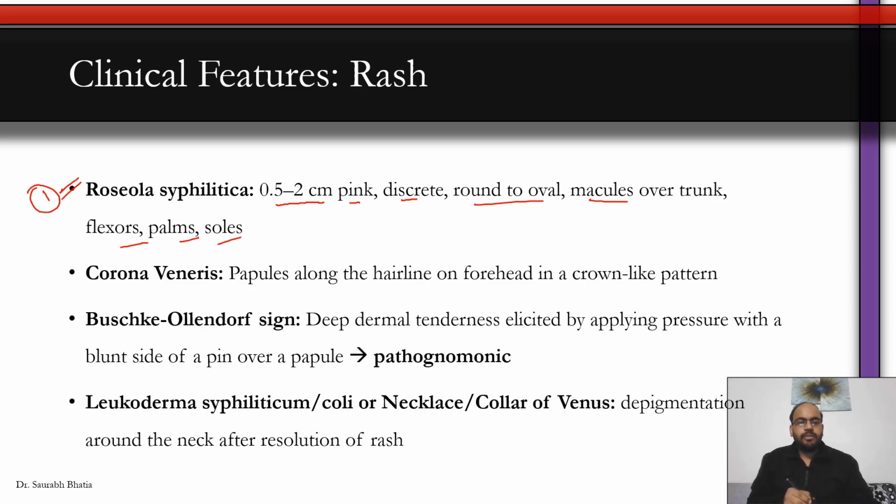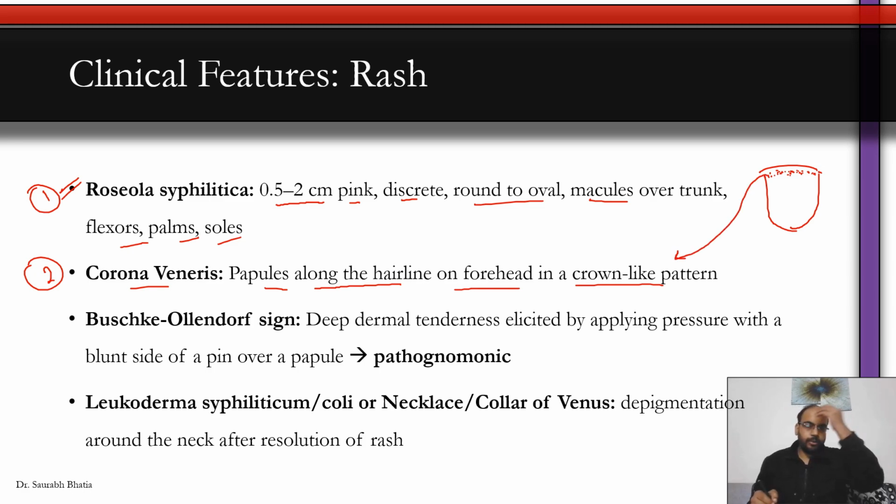Second is corona veneris, or the crown of Venus. These are papules along the hairline on the forehead in a crown-like pattern. If the head is here, you will see the papules clustered around the hairline, in a crown-like fashion.